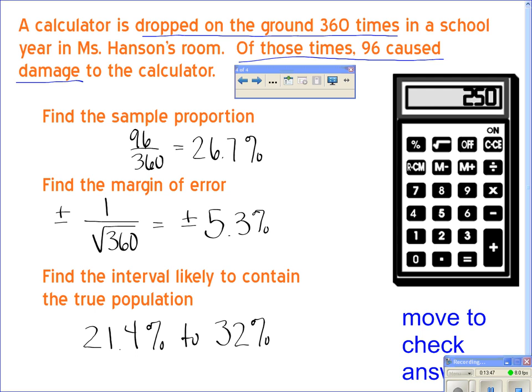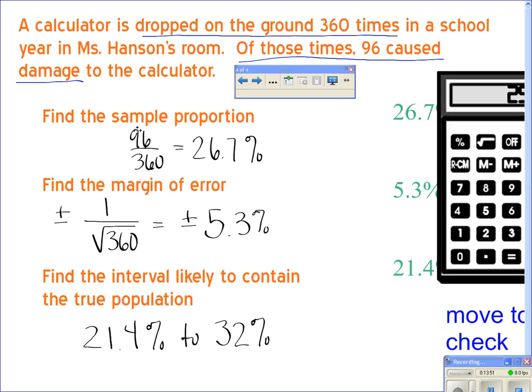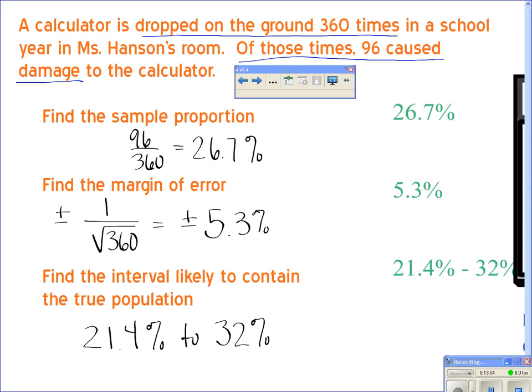Questions on anything? Let's check our answers, make sure we got them right. We're good. We should have a plus or minus on it. Questions? 5.3, by putting this into your calculator, 1 divided by the square root of 360.